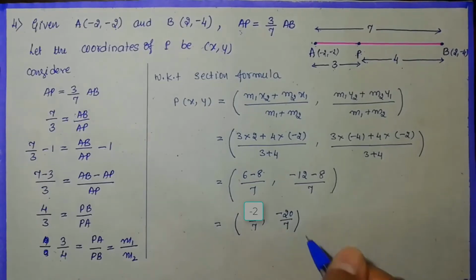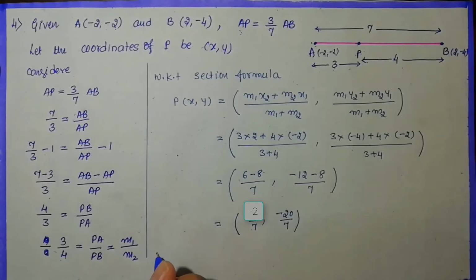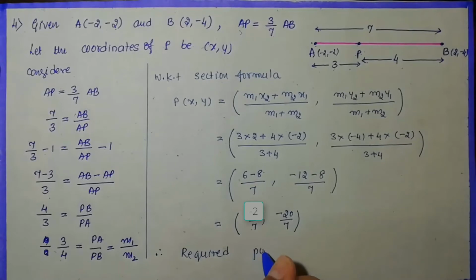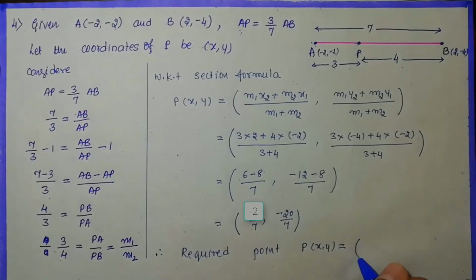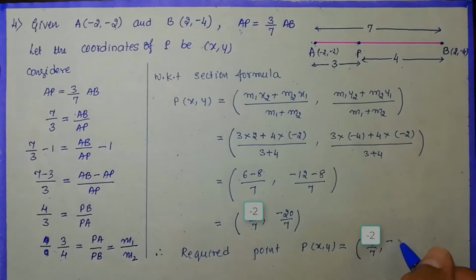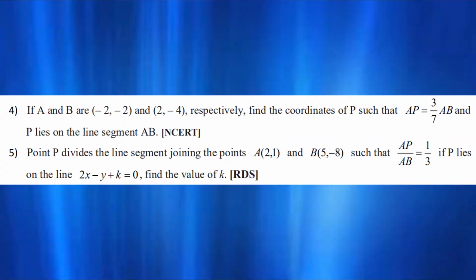We can't simplify this one. So finally write the conclusion. Therefore the required point P of x comma y is equal to minus 1 divided by 7 comma minus 20 divided by 7. This completes the solution.